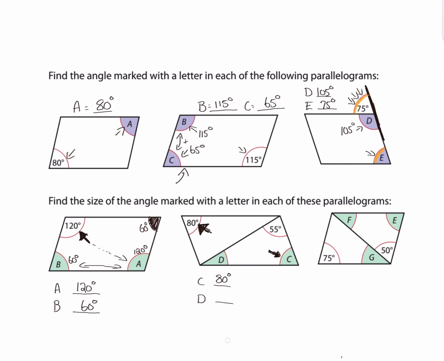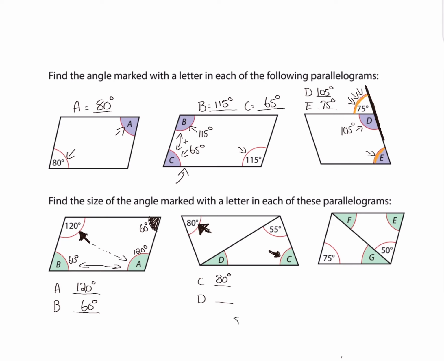Now, one of the rules that we know is if we add the 3 angles of a triangle, we should get 180 degrees. Which means that if we add C and D and 55, we should get 180. Well, what do I have to add?